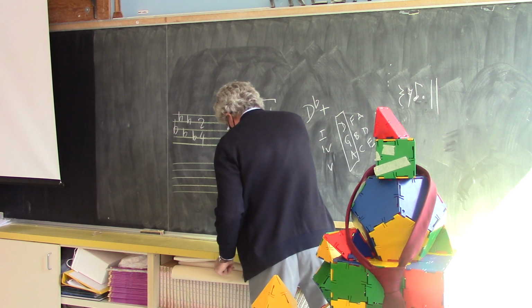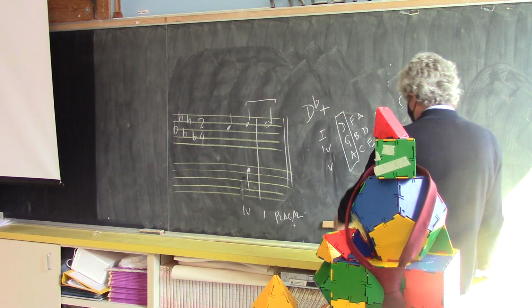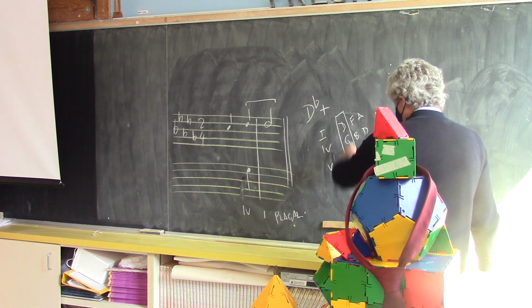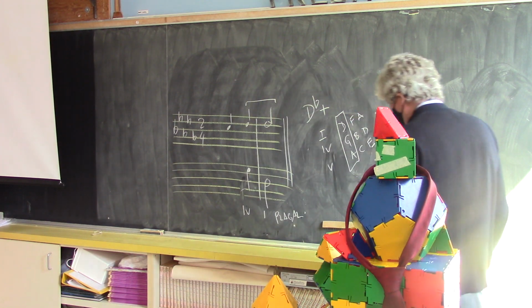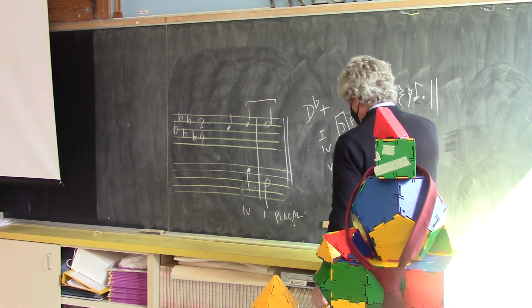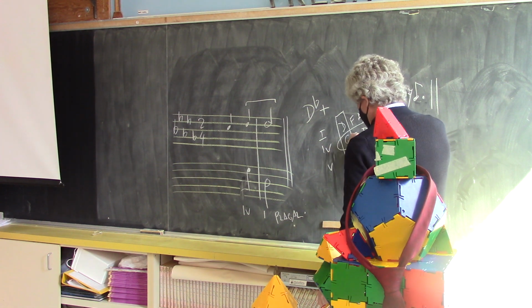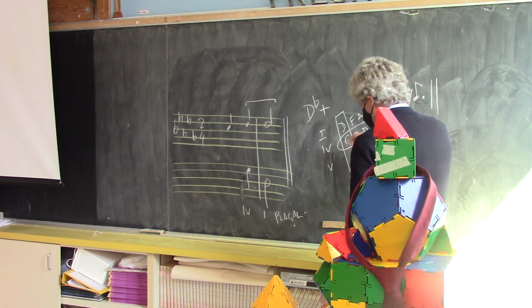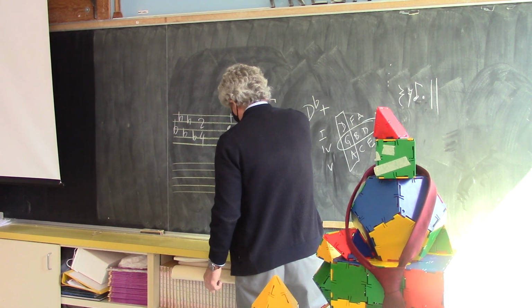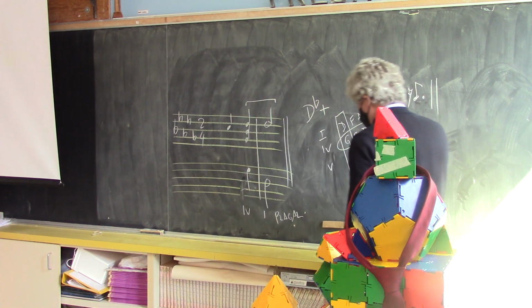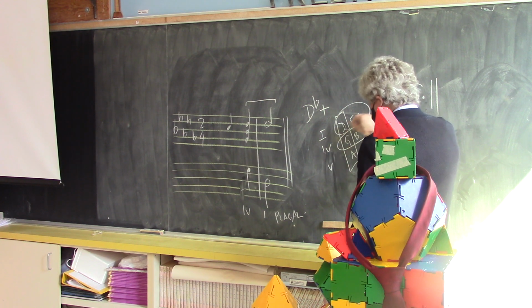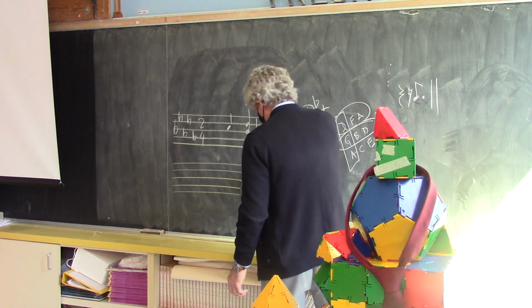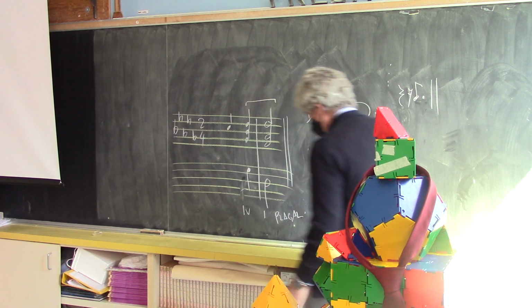G. All right, the root for 4 is G, and the root for 1 is D. Okay, so chord 4: 2 G's, 1 B, 1 D. I've got 1 G, I need a G and a B. Right there. Okay. D, F, A: 2 D's, 1 F, 1 A. And you're done.